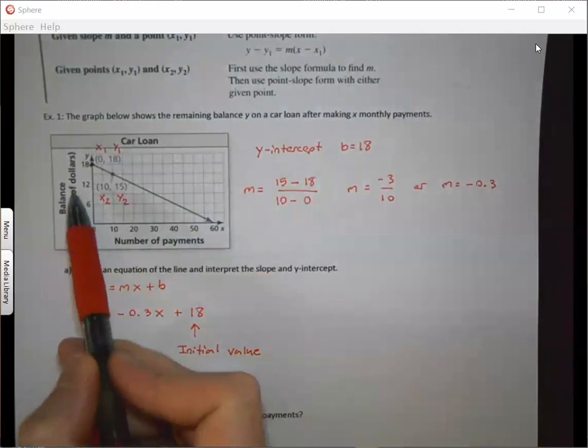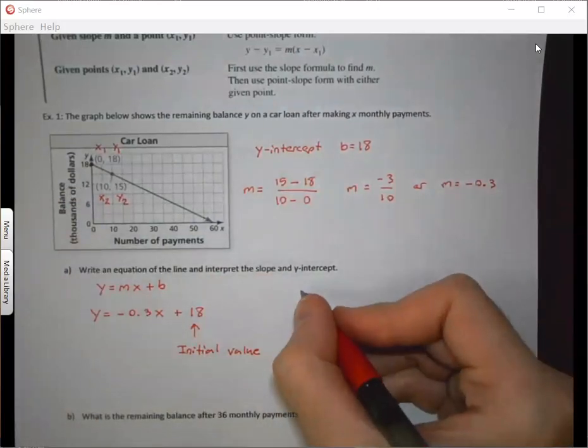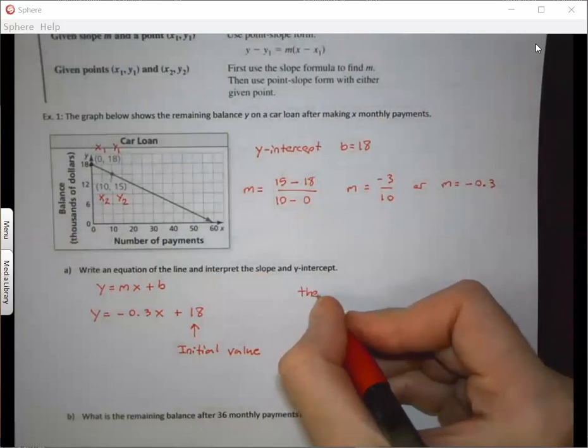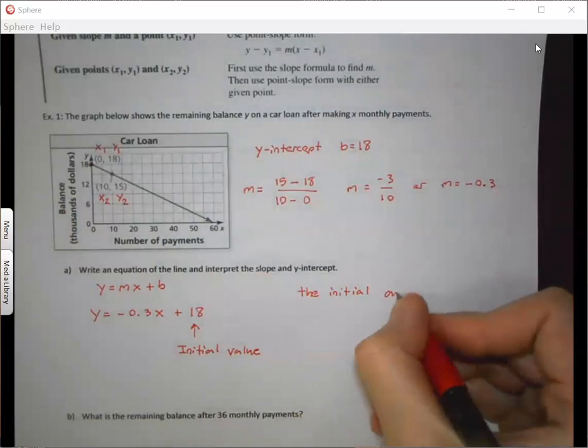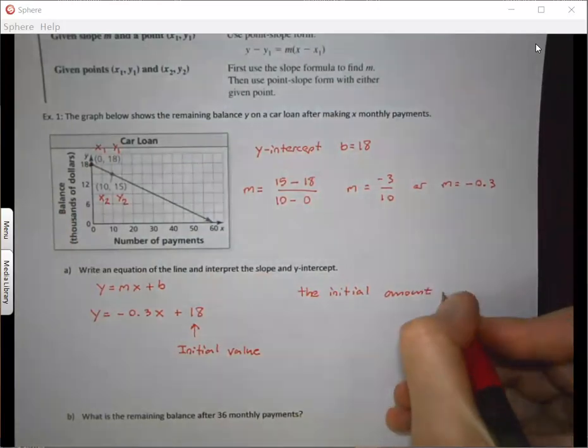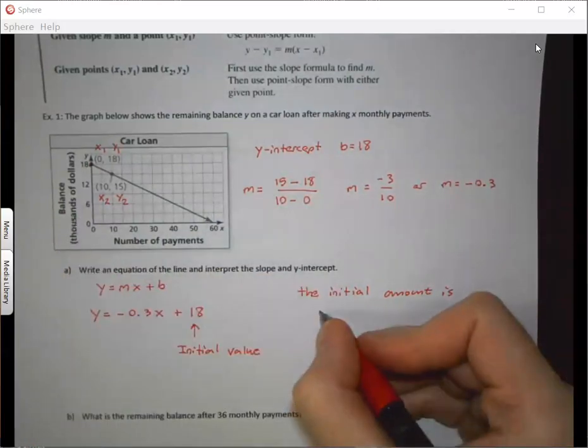Remember, this is in thousands of dollars. So we can say the initial amount is $18,000.